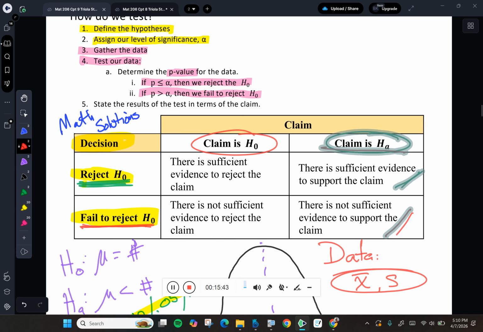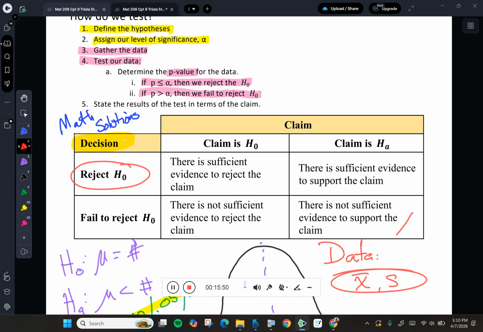Okay. Now the question we should have at this point is, how do I know when the math tells me reject, and how do I know when the math tells me fail to reject? Well, when we run the test, it's going to give you something called the p-value.